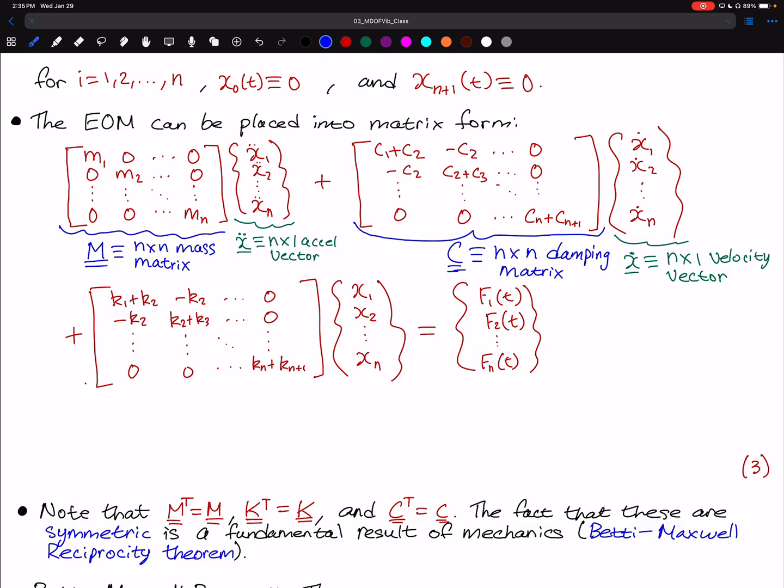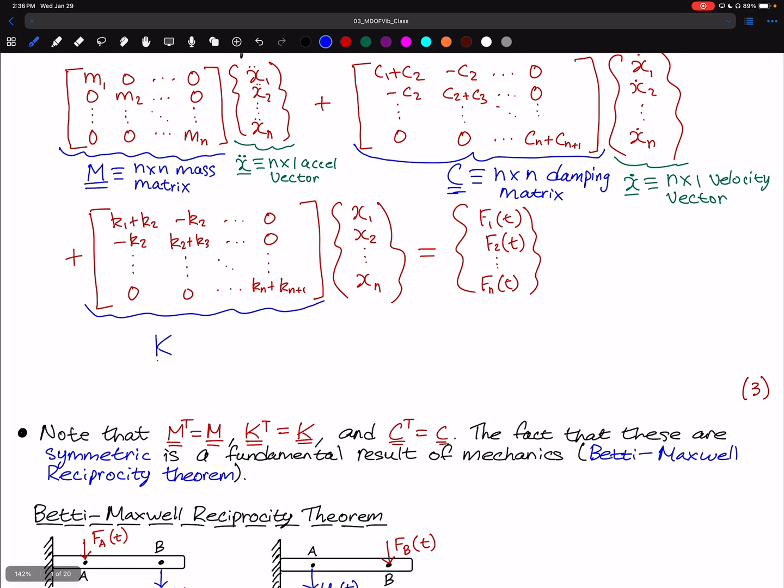And then we'll call the stiffness matrix big K, defined to be the n by n stiffness matrix. This vector multiplied by the stiffness matrix is, we'll just say here x, and this is our n by 1 displacement vector.